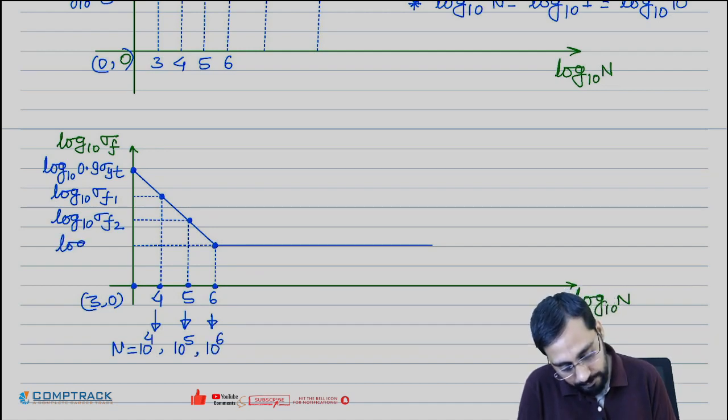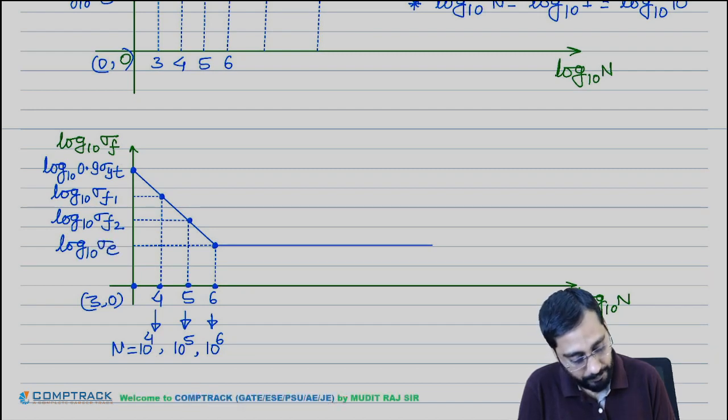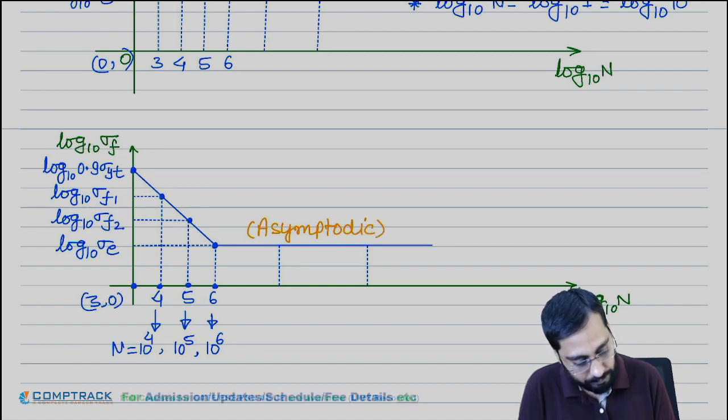Here log 10 sigma E will be the case. So this is for ferrous material.